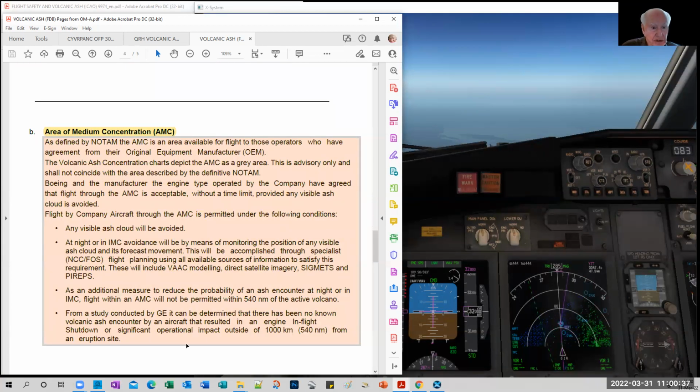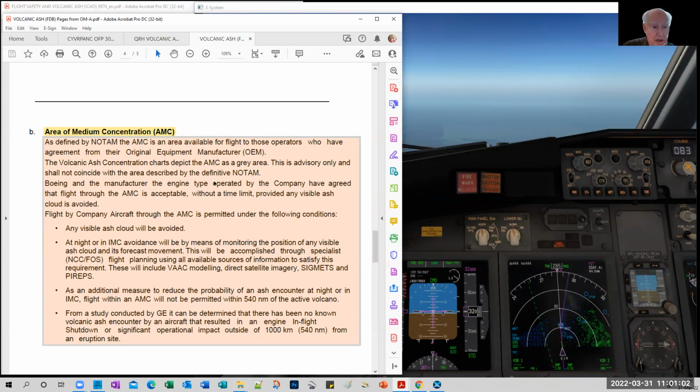Areas of medium concentration here, the next higher level of, and as defined with an agreement from the original equipment manufacturer. The volcanic ash concentration charts depict the AMC as a gray area. This is advisory only and does not coincide with the area described in the definitive NOTAM.